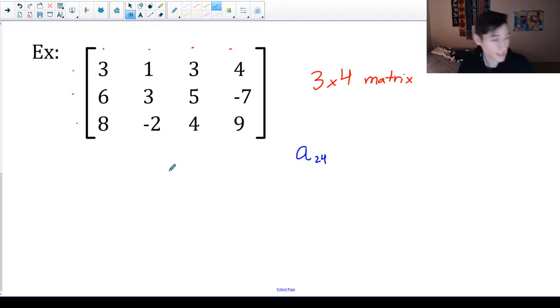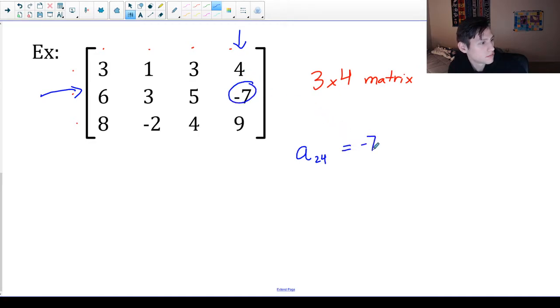It looks like 24, but it's not 24. 2 represents the row, so the second row and the 4th column. So that spot is -7. That's where -7 is.